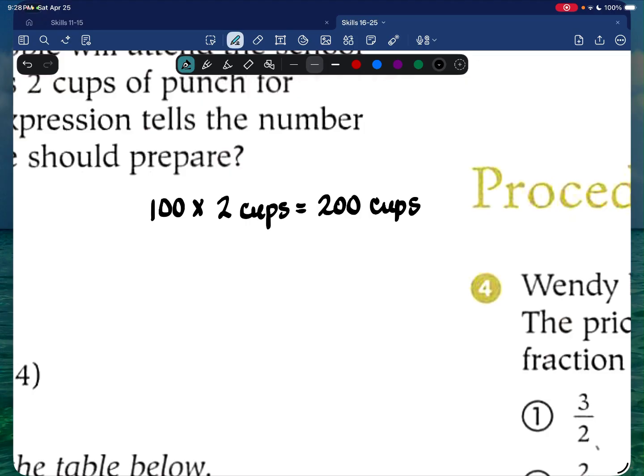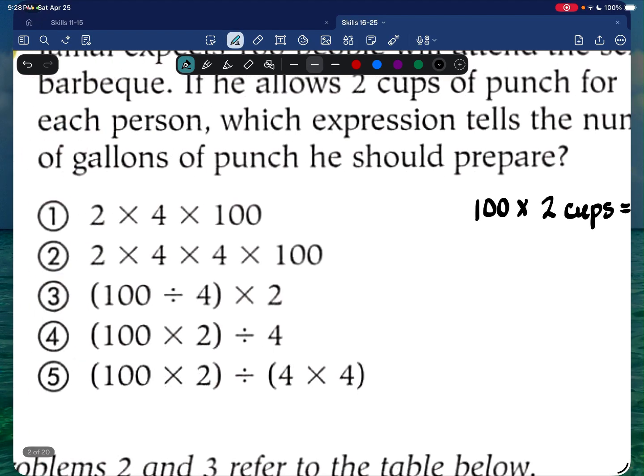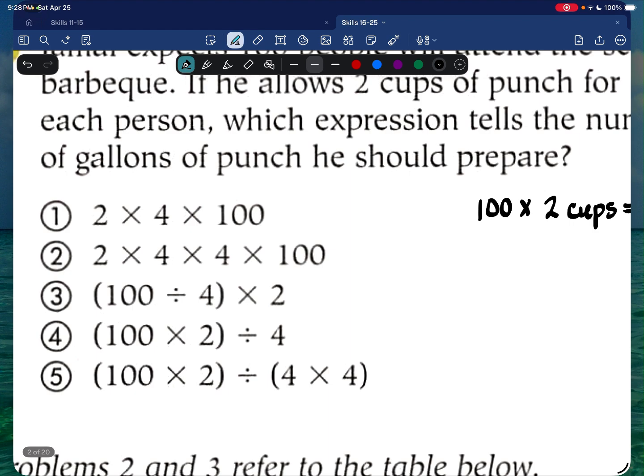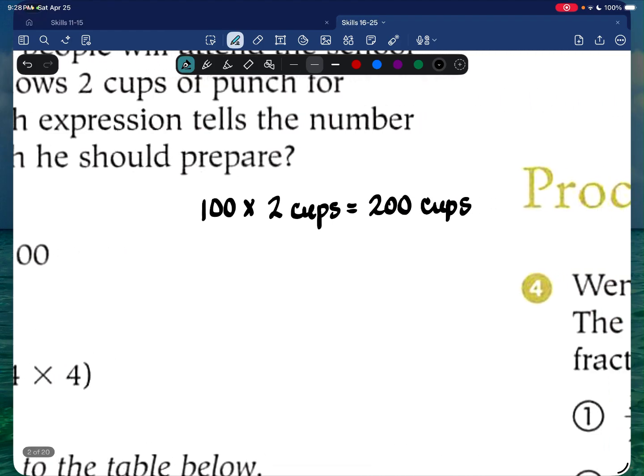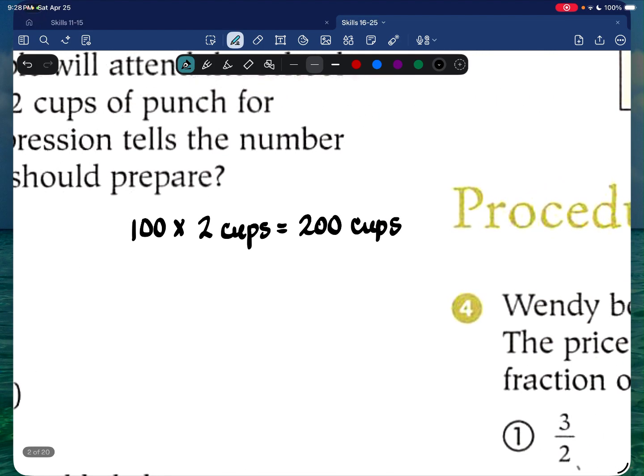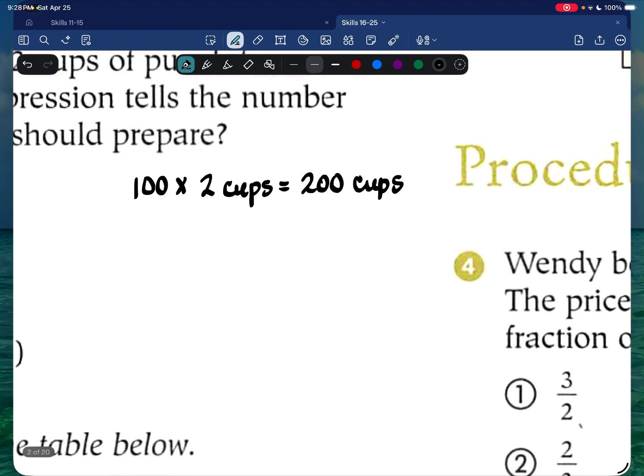So I'm going to use a proportion. Actually, let me look at what I have here. No, I'm going to solve it with the proportion, and then we'll look at those. So I am trying to convert cups into gallons.